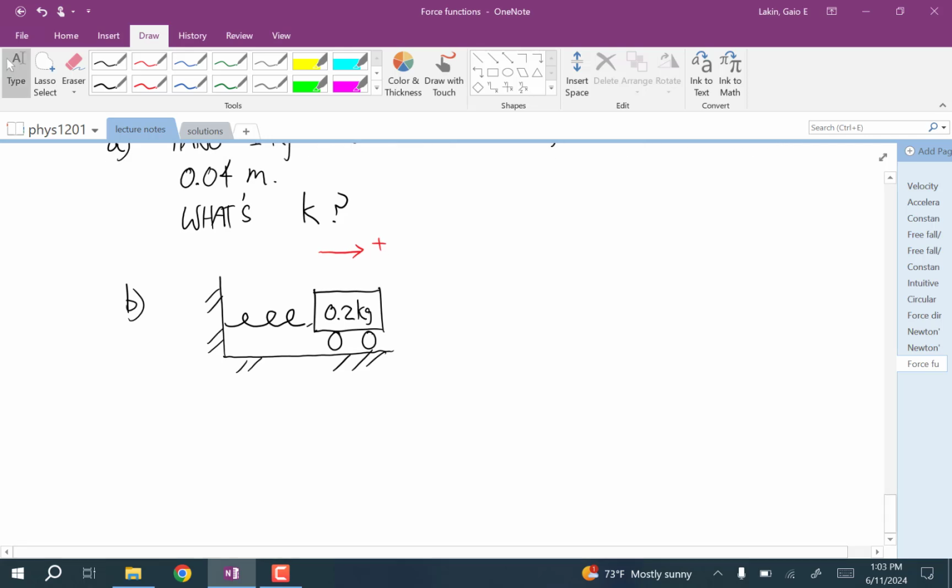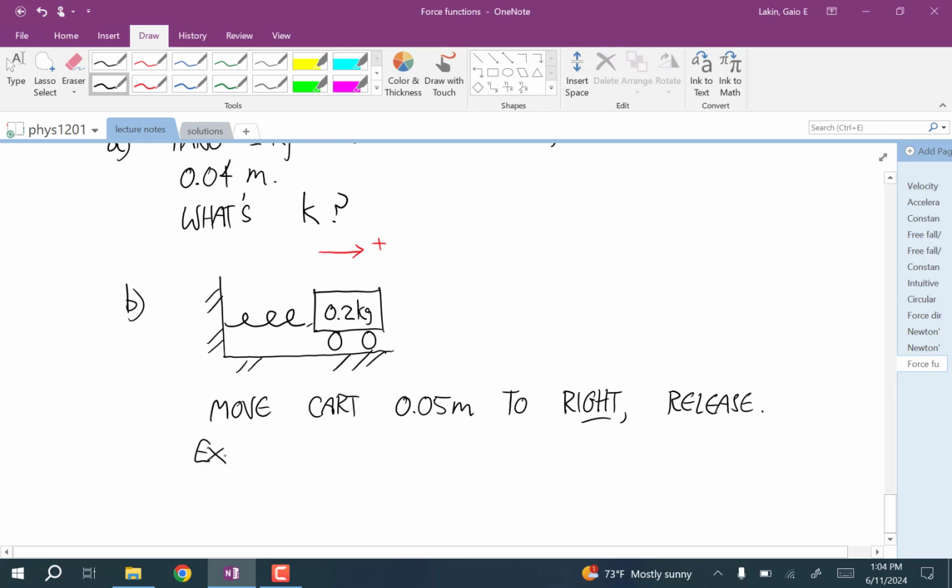And let's say in this situation, we stretch the spring 5 centimeters, or you could think of moving the cart 5 centimeters to the right. So we're going to move the cart 0.05 meters to the right, and then we're going to release it.